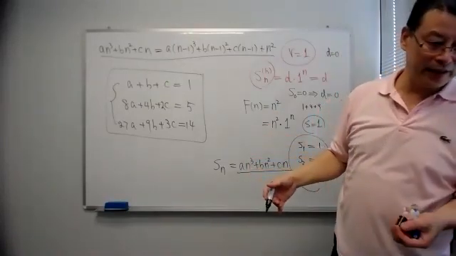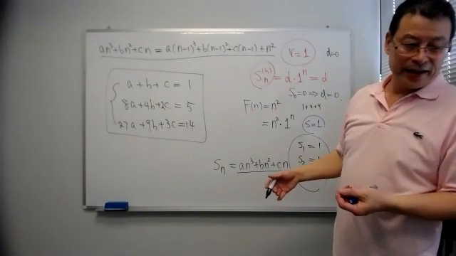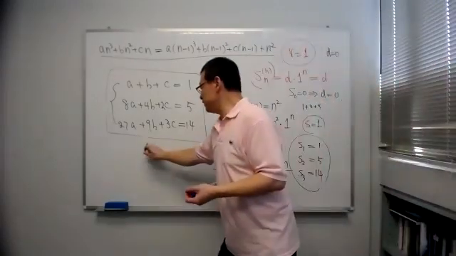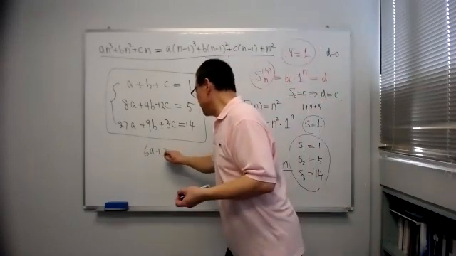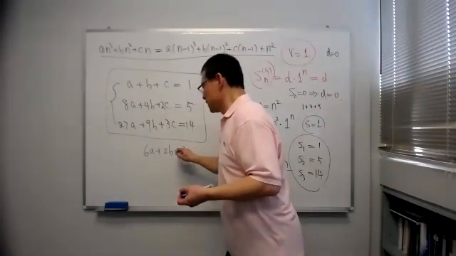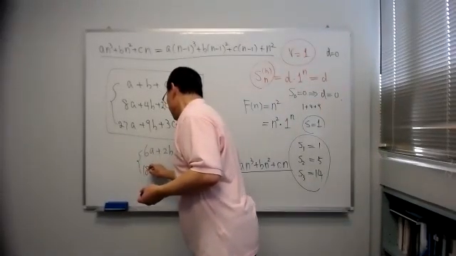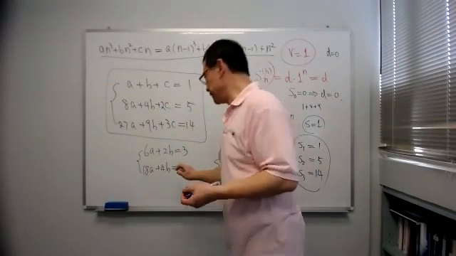Let's see how I did it. I eliminate the C first. I get 6A plus 2B equals 3, and 18A plus 4B equals 8.